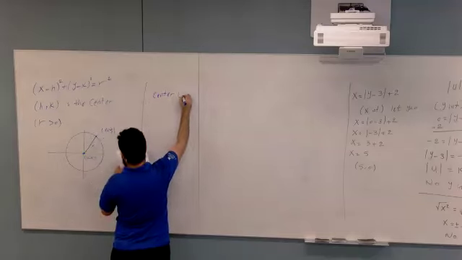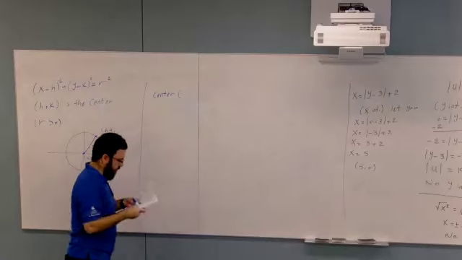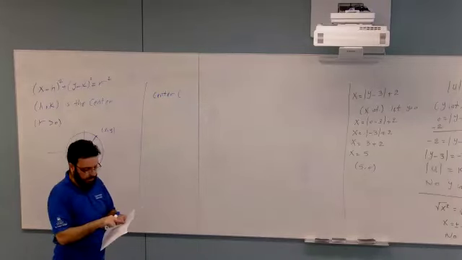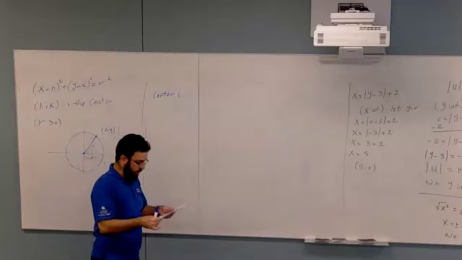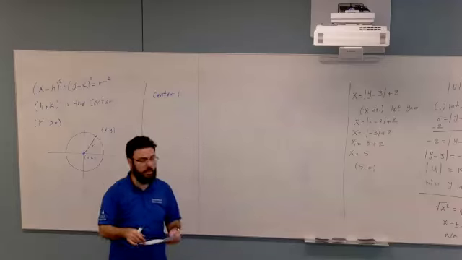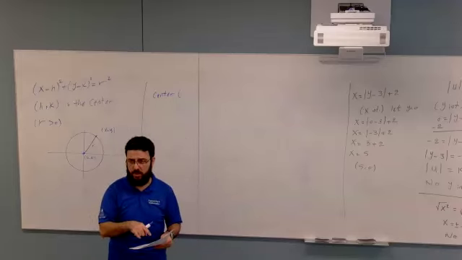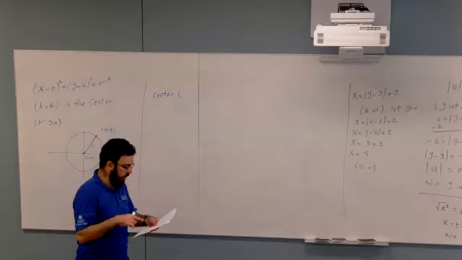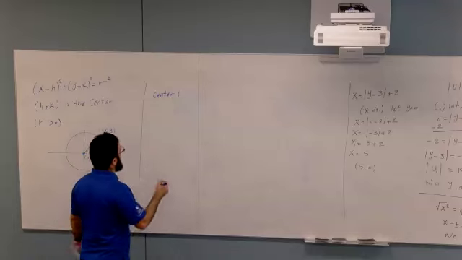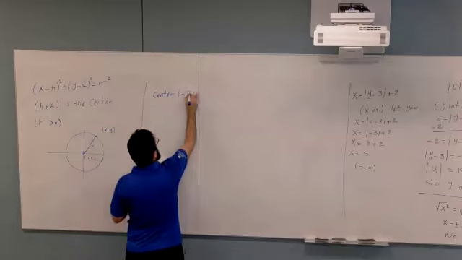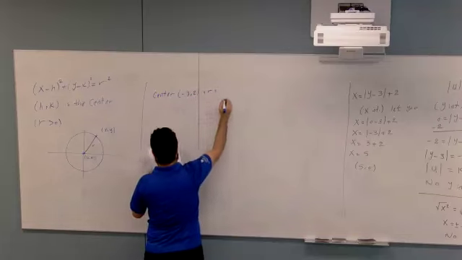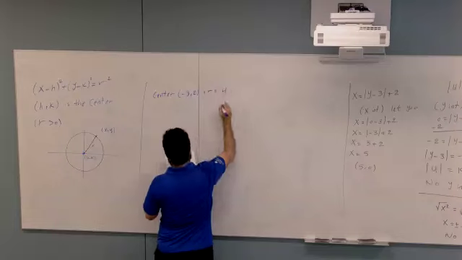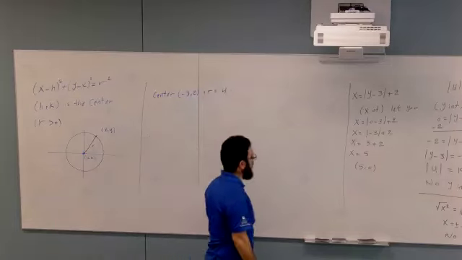So they give you the center and the radius. The center is -3 and 2, and the radius equals 4. And they ask you to just graph it.